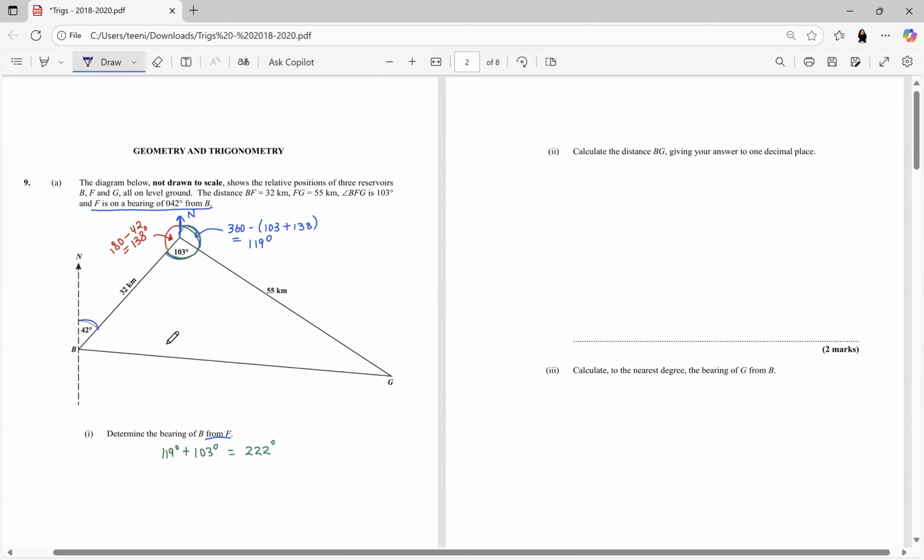BG is this unknown side here, and we have two known sides and the included angle. So I'm not sure if you all recall, but when you have two sides and the included angle, we can use the cosine rule.